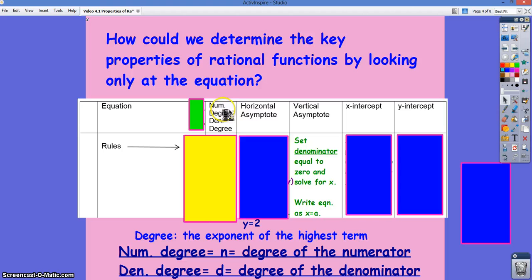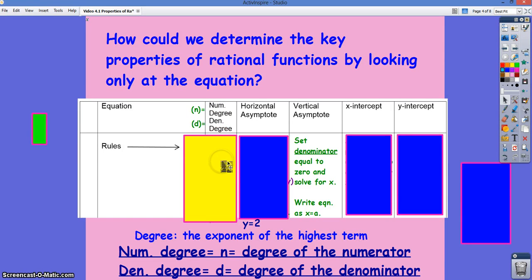So num degree here means, I'm going to call that little n in just a minute, that's the degree of the numerator. So what is the exponent of the highest term in the numerator? Den degree is, I'm going to call it little d, the degree of the denominator. Okay, so n is the degree of the numerator, and d is the degree of the denominator.